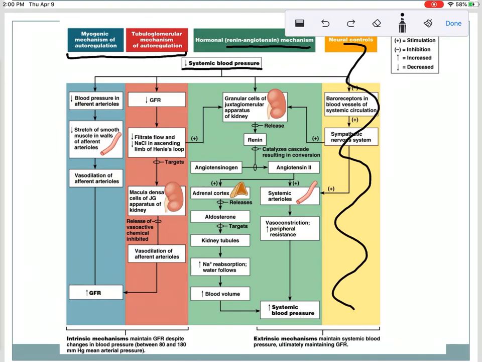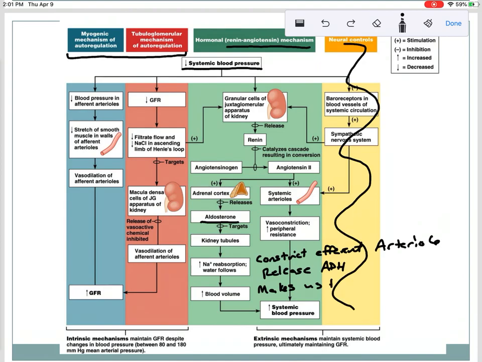Kidneys release renin, eventually converted into angiotensin 2, and it did 4 things, right? Let's see if I can look at this on the picture. It constricted the efferent arteriole, led to a release of aldosterone, led to a release of ADH, antidiuretic hormone, and it makes us thirsty.